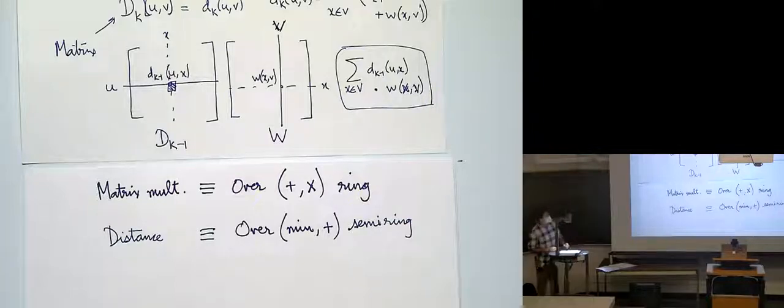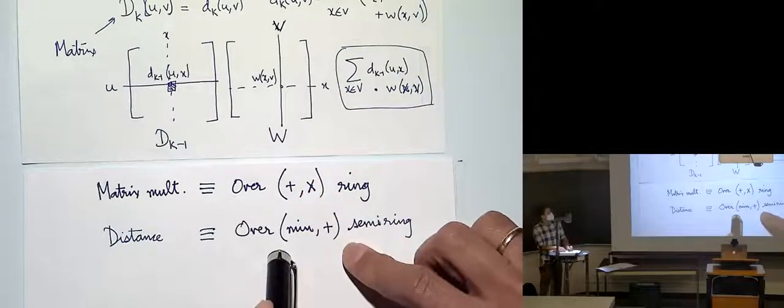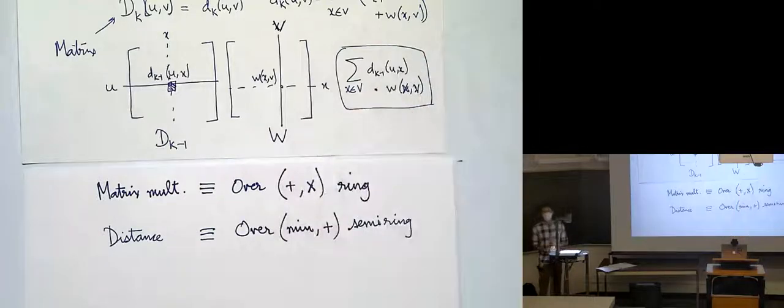One can spend decades studying this. But what's important for us is that the moment you replace those operations with these, you get shortest path distances, which is really neat, right?